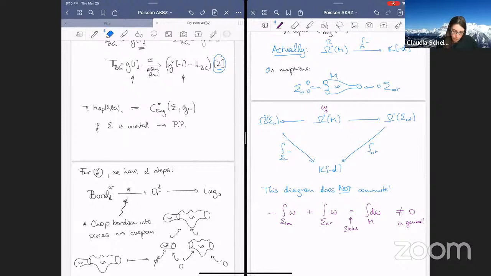If we want to go to this middle part here, it will be defined in terms of stacks together with such structure which commutes. That's the natural thing to do, to be able to then map over to our Lagrangian correspondences. But it doesn't commute, it only commutes up to homotopy.